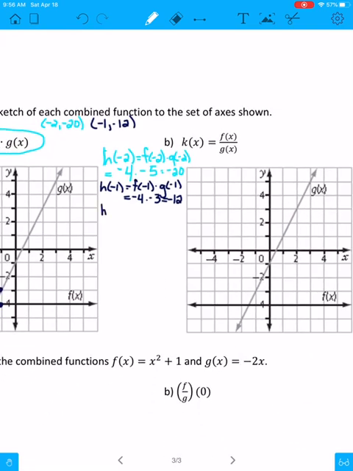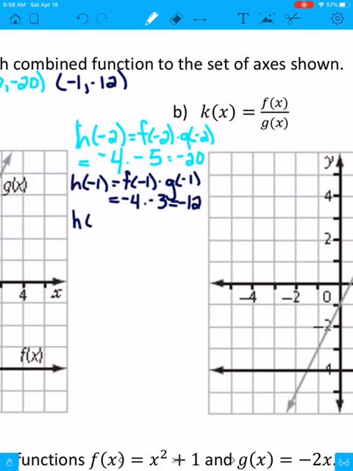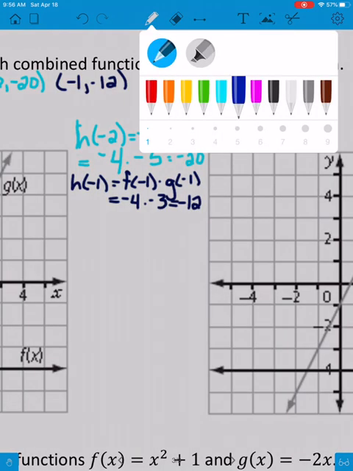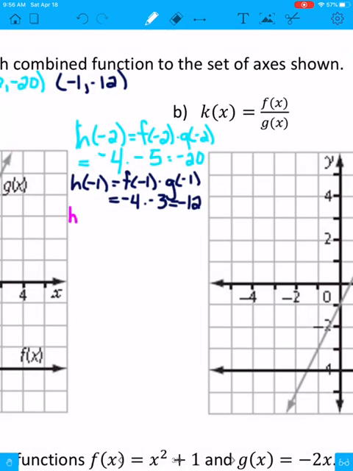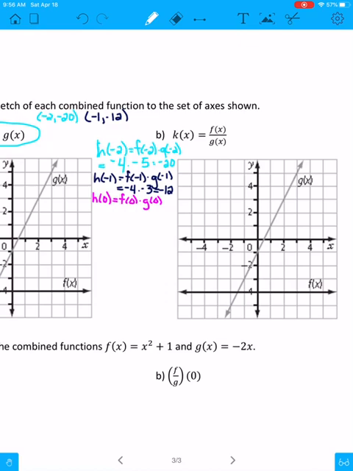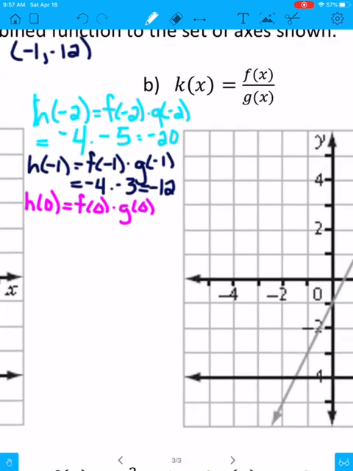So I'm going to do h of 0, which equals, I should do a different color so they don't blend together. h of 0 equals f of 0 times g of 0. f of 0 is still negative 4, g of 0 is negative 1.